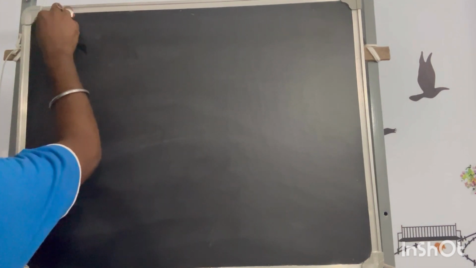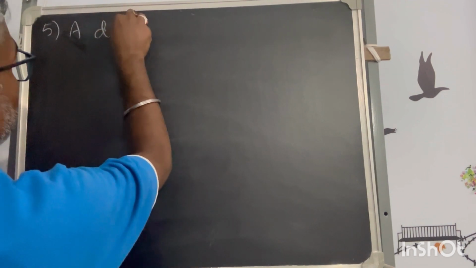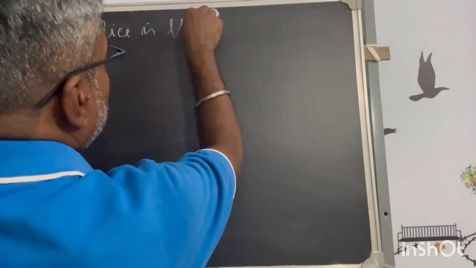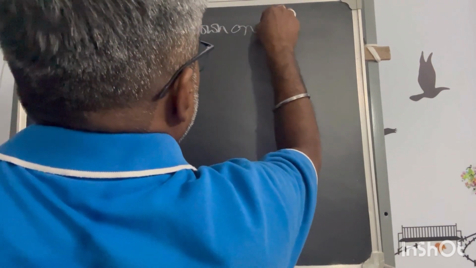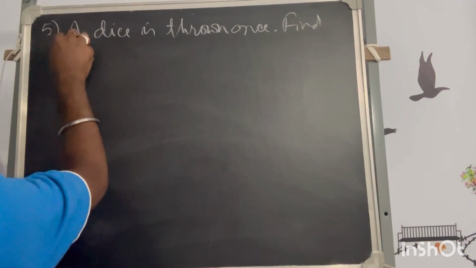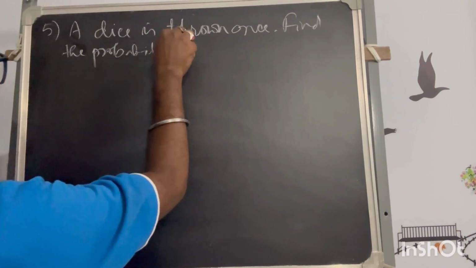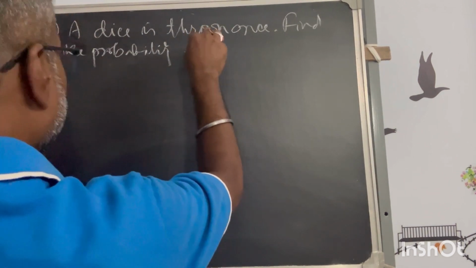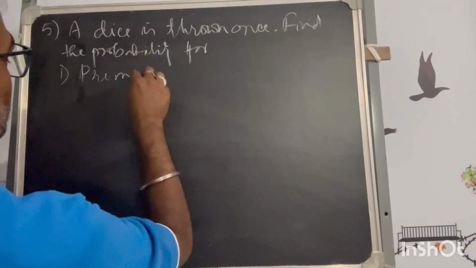So to start with, the problem that will come as 5 says: a dice is thrown once. You have to find the probability for the following cases where we need to have a prime number as a result.